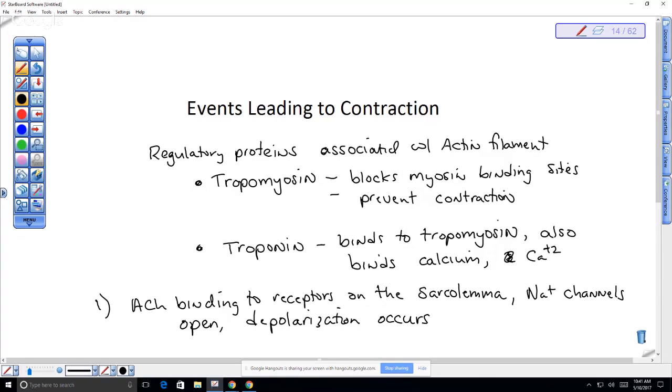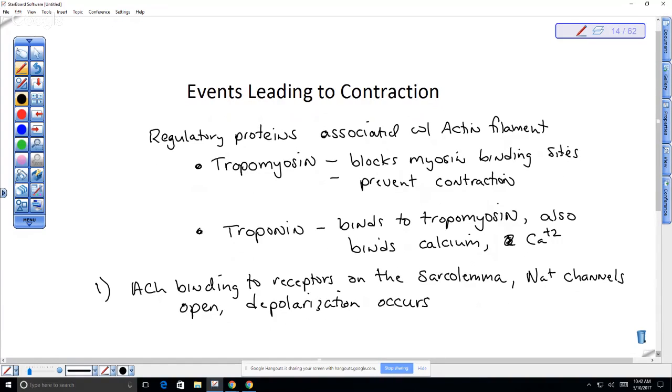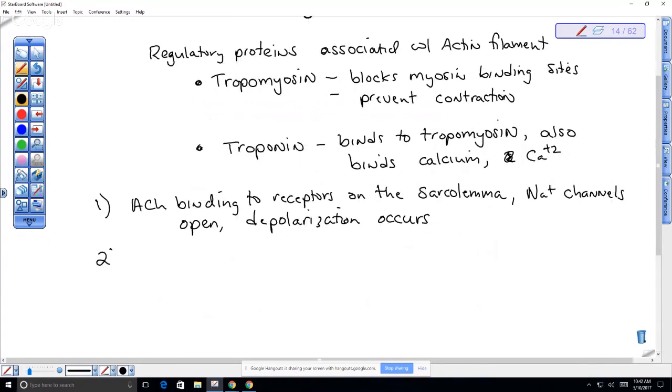Okay. So this is the same type of depolarization. It's a change in the membrane potential, and the membrane becomes slightly positive charged on the inside, right? And this depolarization is really important because it is what leads to the release of calcium ions.